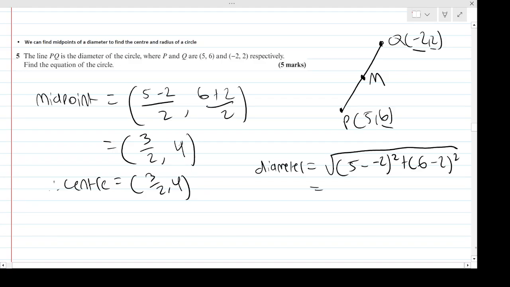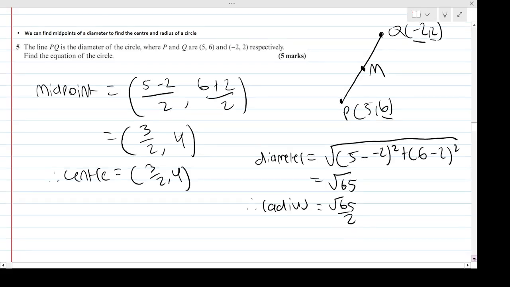Put that in the calculator, you get the distance between the points to be 5 minus minus 2, which is plus 2, so that'd be 7, all squared, plus 6 minus 2, which is 4 squared, so that's root 65. Okay, so that's the diameter, therefore the radius is half the diameter, remember? So half of this is root 65 over 2, okay? There we are.